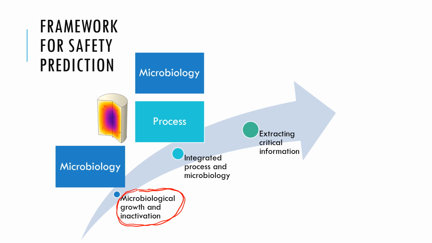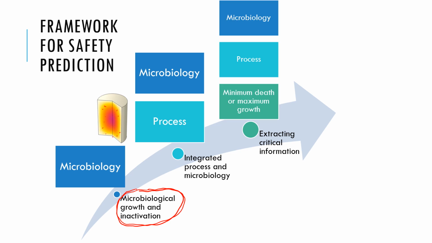We then process this information further according to our interest from a safety standpoint. For example, in the case of canning, we are interested in where the maximum survival of bacteria is, which would be at the coldest point.